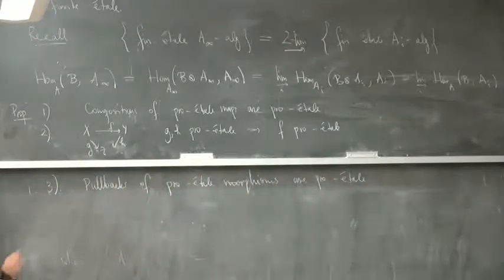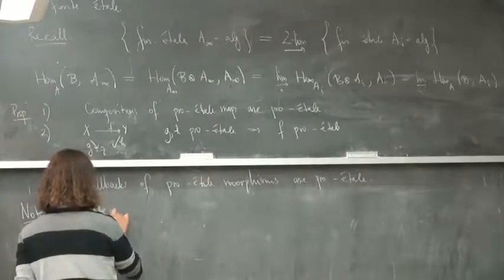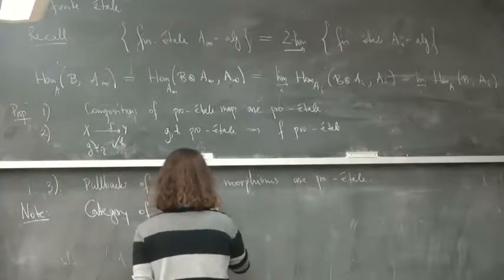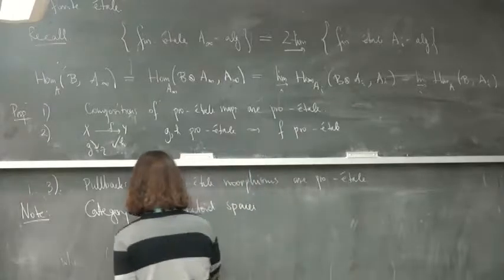Maybe I should recall that the category of perfectoid spaces has all limits along affine transition maps.